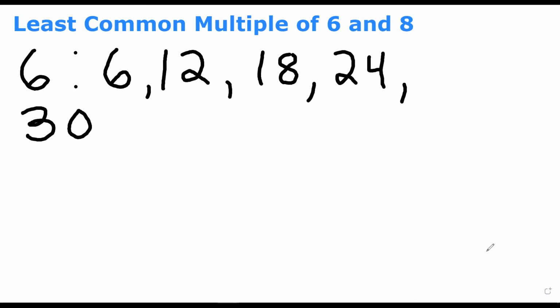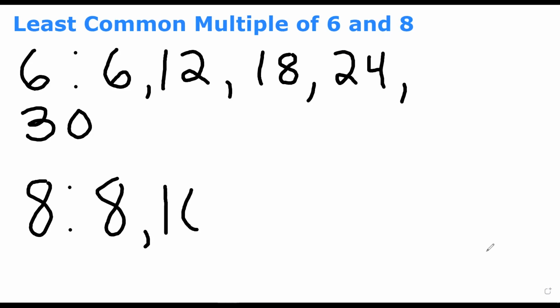Now let's do the same thing for the number 8. What is the first multiple of the number 8? 8 times 1 is 8, so that is the first multiple of the number 8. What would be the next multiple? 8 times 2 is 16, so that would be the second multiple of the number 8.